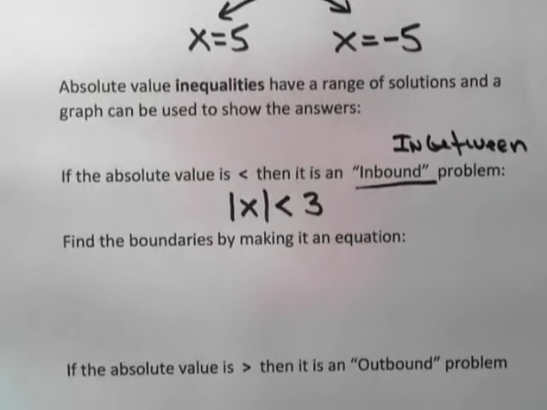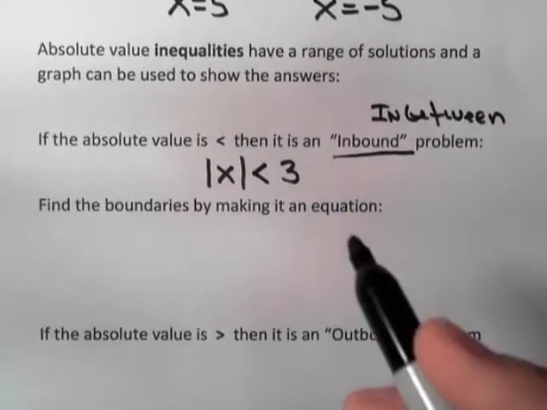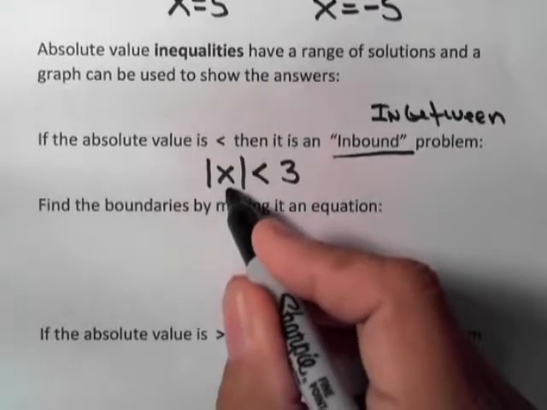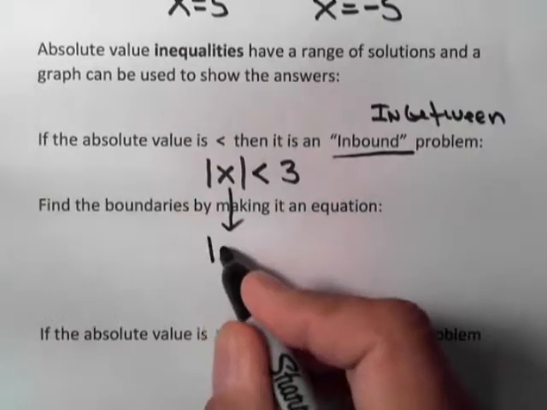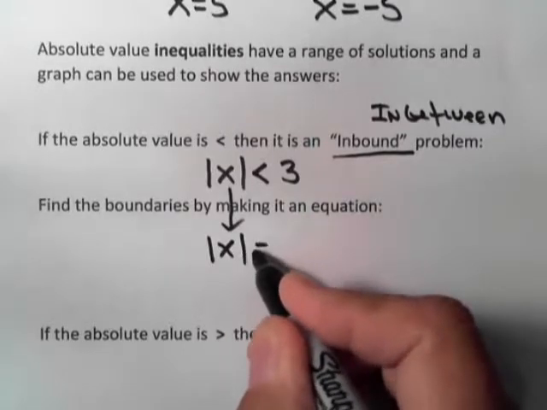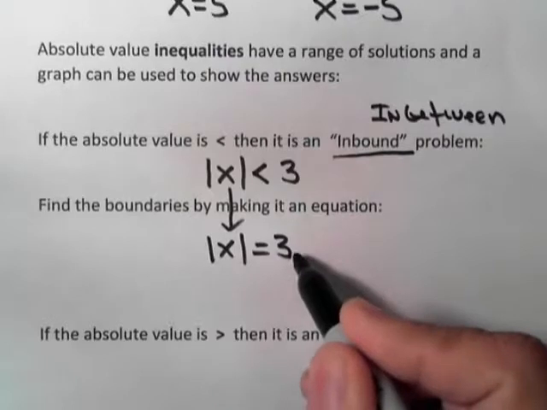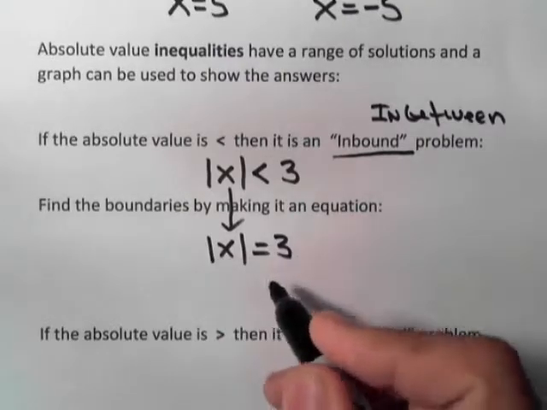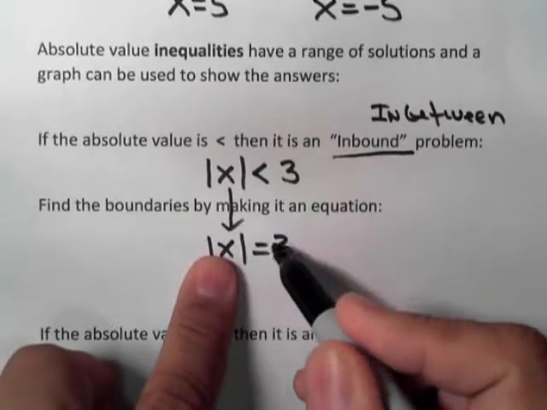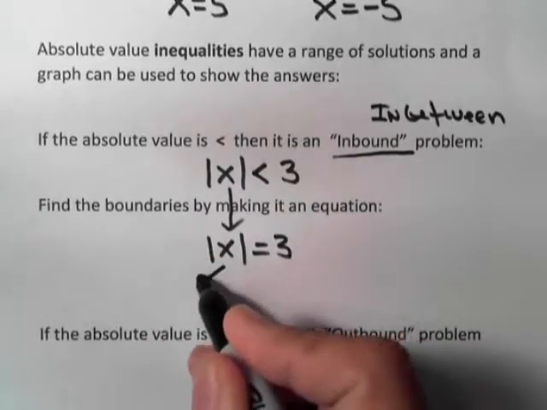How you go about coming up with the answer on something like this is to first change this to a regular equation, the absolute value of x equals 3, and then find the boundaries from this equation. As we saw up above, the x inside equals the plus of 3, and it also equals the minus of 3.